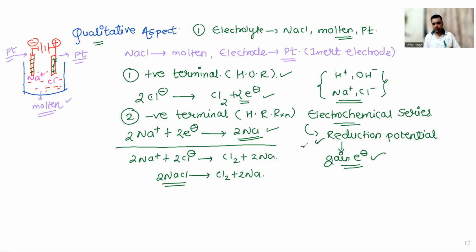Because we have calculated all the values in the electrochemical series, it is referred to as the standard reduction potential, or SRP. So the electrochemical series is basically based on the standard reduction potentials. Reduction means gain of electron. So we can find out which species is going to get reduced first, and we can also find out the oxidizing species.